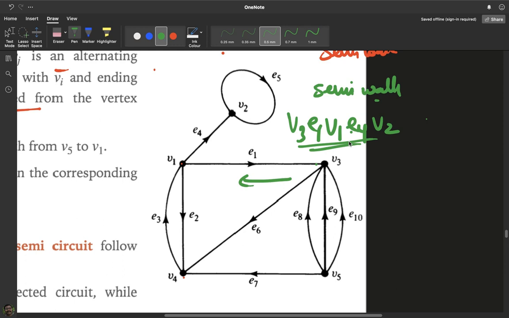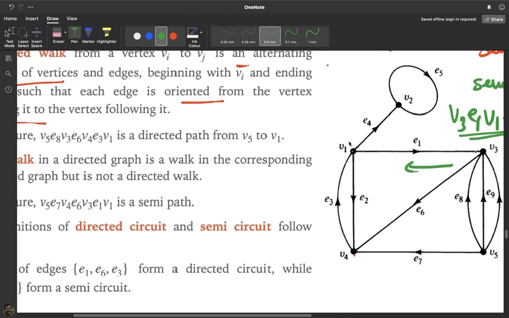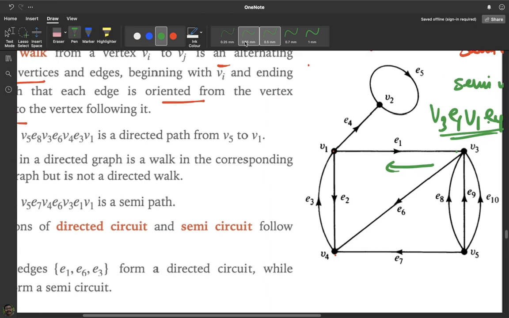I'll give you another example of a semi walk. There is one other example they have given here. If I start from V5, I go through E7 and reach V4. Again I go through E6, against the direction, to reach V3.